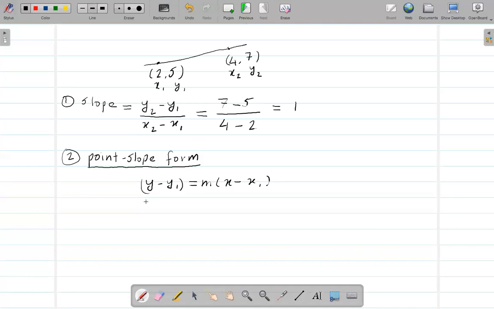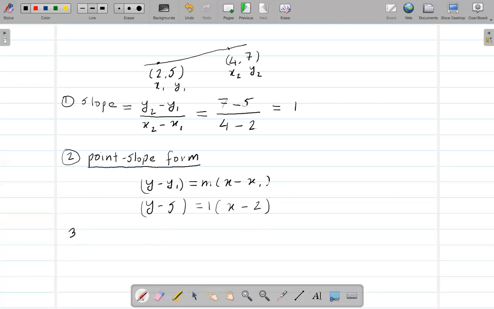So that means y minus y1 is 5, m is 1, x minus x1 is 2. All right, so that's all you got to do here for the point slope form. All right.